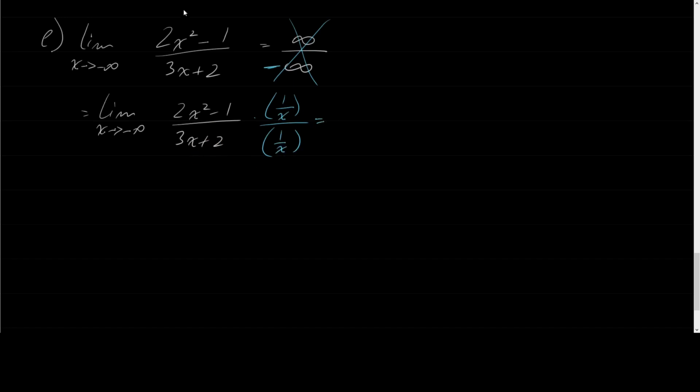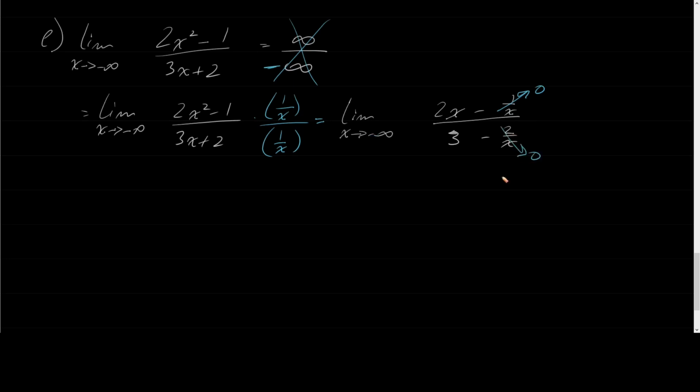So what does that give us? Well, we end up with the limit as x approaches negative infinity of 2x minus 1 over x over 3 minus 2 over x. And at that point, well, what do we get? This goes to 0, right, as x goes to negative infinity.